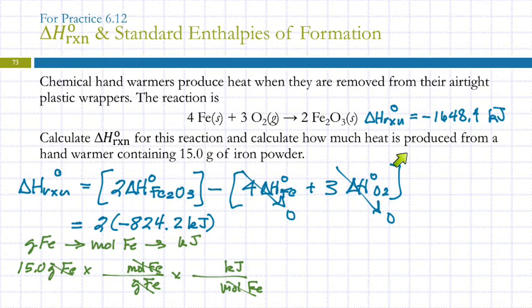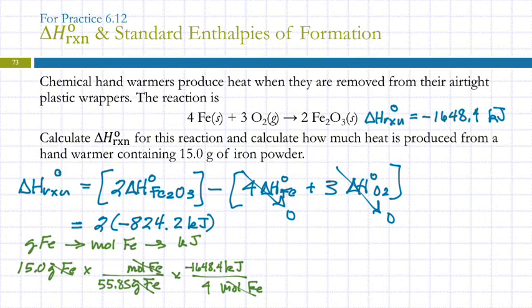So the kilojoules per mole comes from this heat of reaction. I didn't leave myself much room. Negative 1648.4 kilojoules, and that is for 4 moles of iron. And then the molar mass for iron, 55.85.